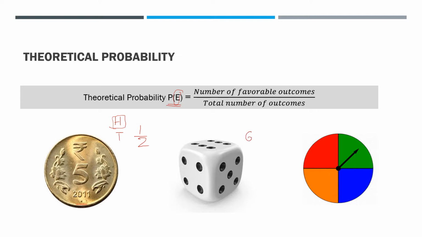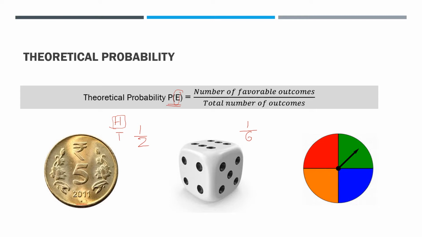Because it has 6 sides and 6 numbers. Let's say someone asks you, if I roll a die, what is the probability of getting number 3? So how many sides have number 3? Only one of the sides. So one outcome is favorable. So 1 over 6 is the probability of getting number 3 when you roll a die.